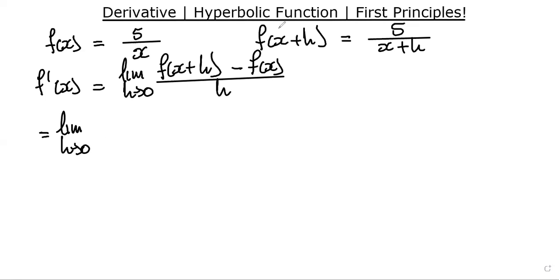But when we see f of x plus h, we put 5 over x plus h. And when we see f of x, we just put 5 over x. And we understand that this whole thing is divided by h.